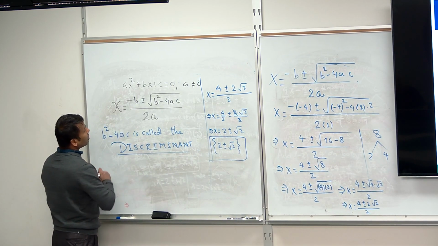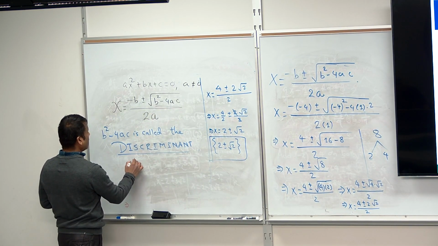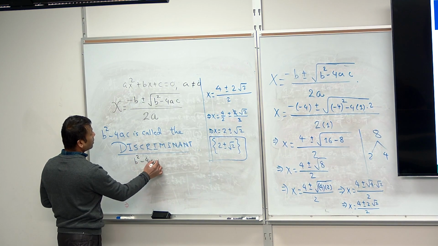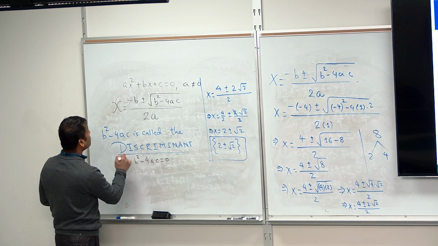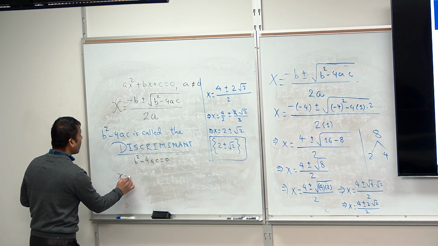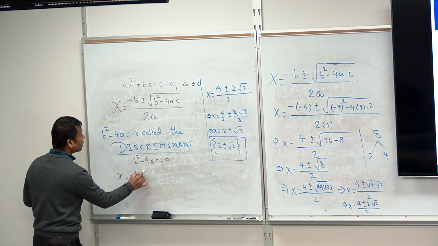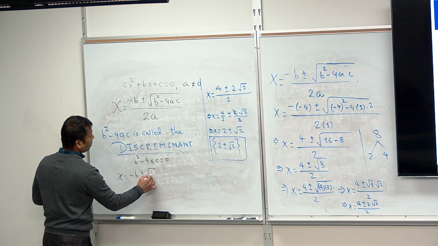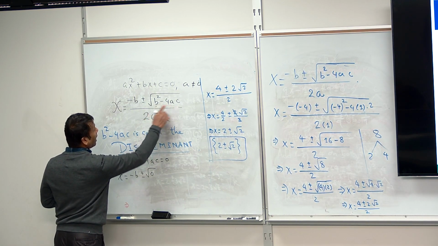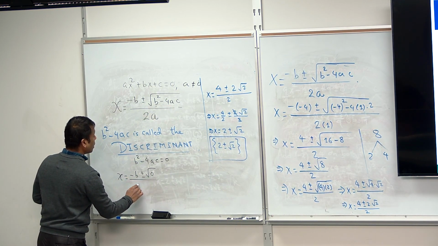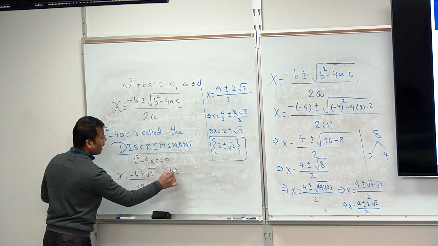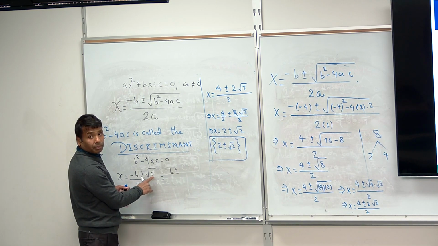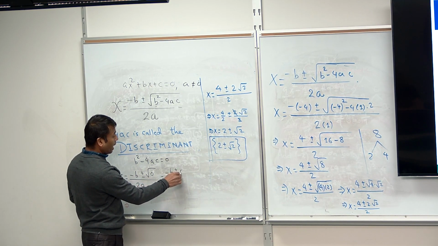So if you have this discriminant 0, that means b square minus 4ac is 0, then you'll have x equal to negative b plus or minus radical 0, because the discriminant is 0, over 2a. So that is negative b plus or minus, what is radical 0? 0, right?